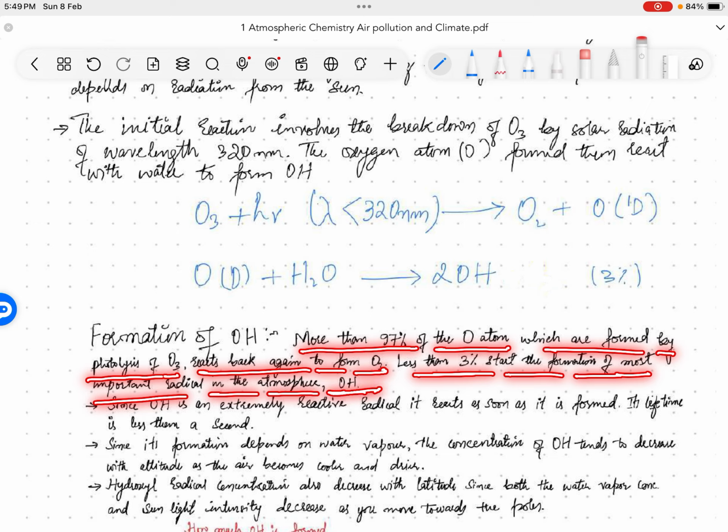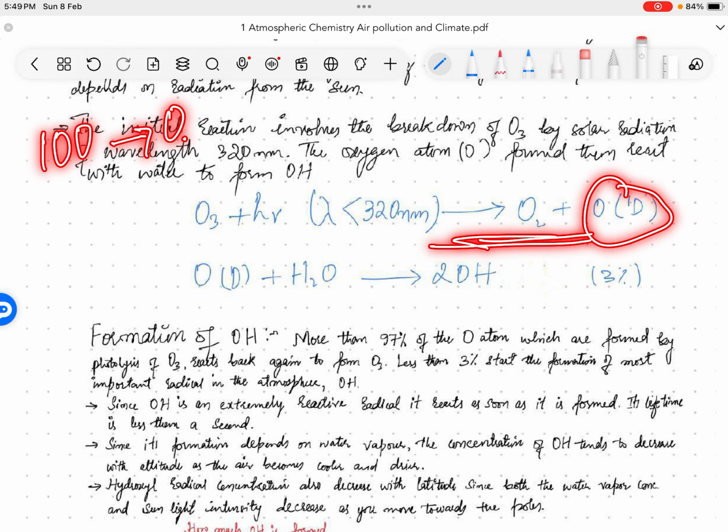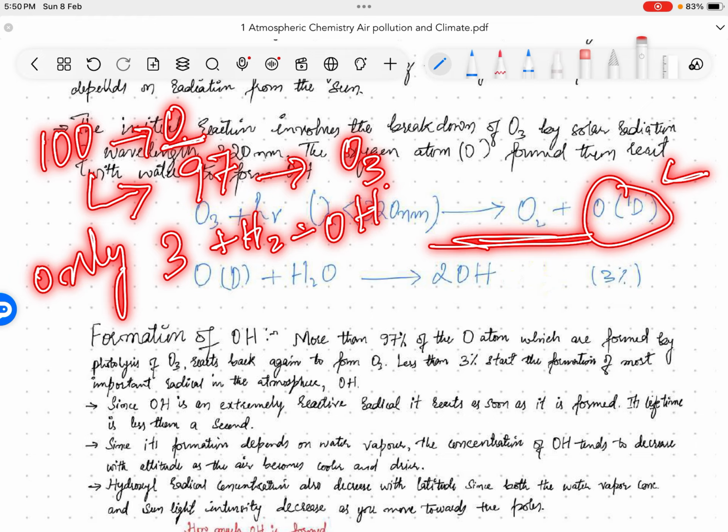For example, if we have 100 oxygen atoms formed during this reaction process, out of these 100 oxygen atoms 97 will react back to form ozone. Then only 3% of these oxygen atoms formed will react with water to give us OH radicals.